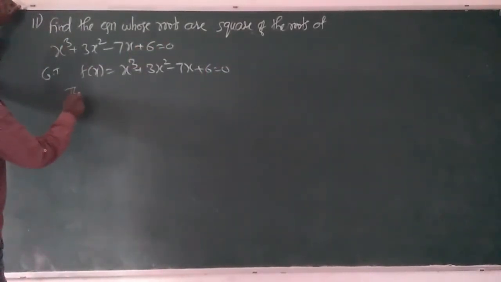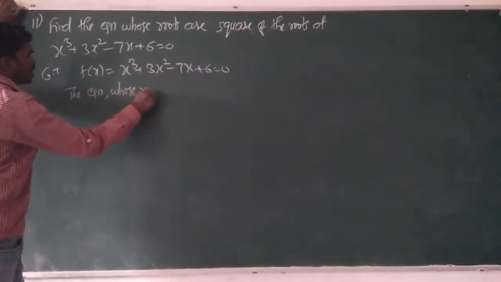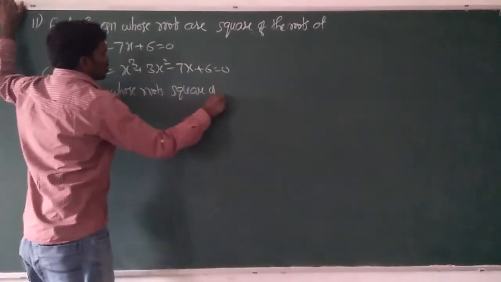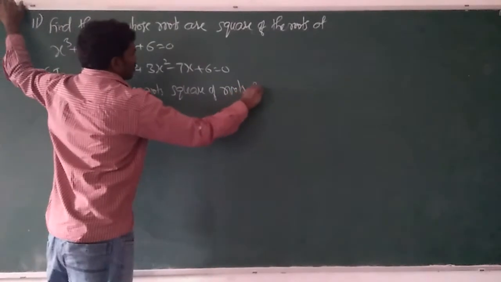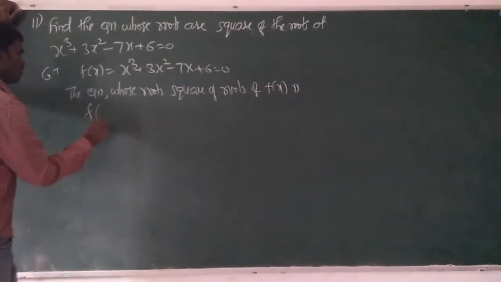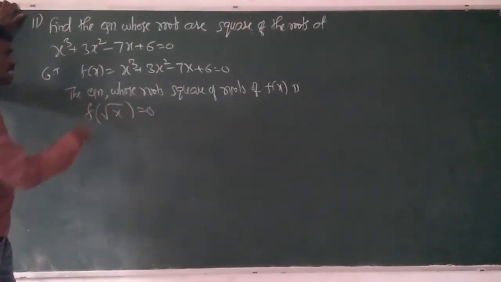So what is the formula? The equation whose roots are the squares of the roots of f of x has the condition f of root x is equal to 0. That means replace x by root x.